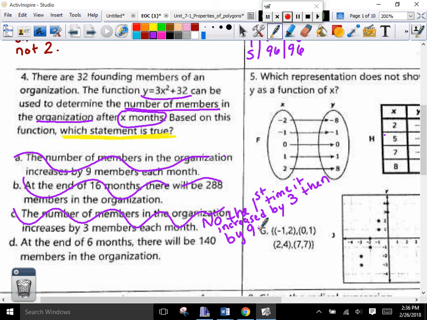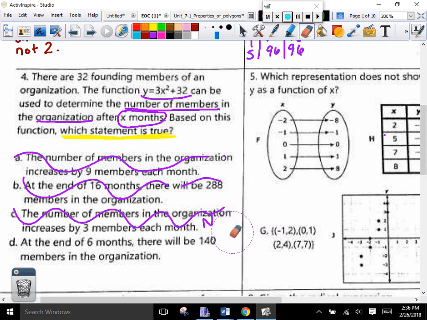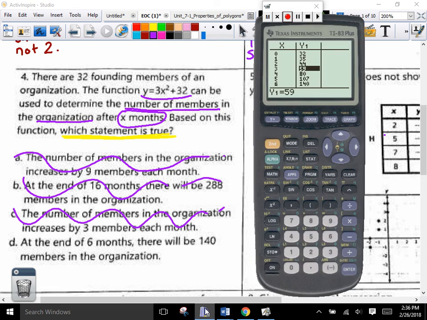I'm going to delete this now, and we're going to just check. I know these 3 are wrong, but I'm going to check because I always want to be certain that my answer is correct. So I'm going to check the last one. The last one says, at the end of 6 months, there will be 144 members in the organization. So I'm going to use my calculator, and I am going to check when x equals 6. So at the end of that month, I will have 140 members.